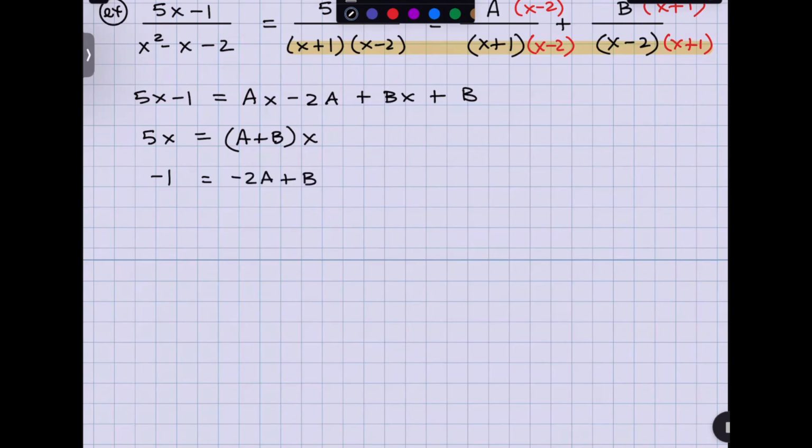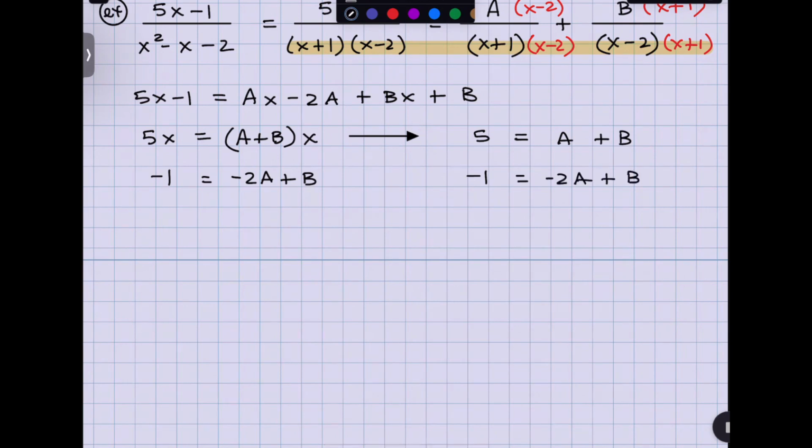Awesome. So really, I could write this as 5 is equal to a plus b, and negative 1 is equal to negative 2a plus b.